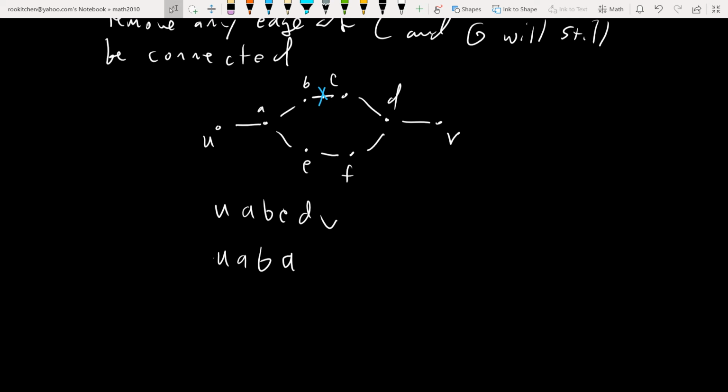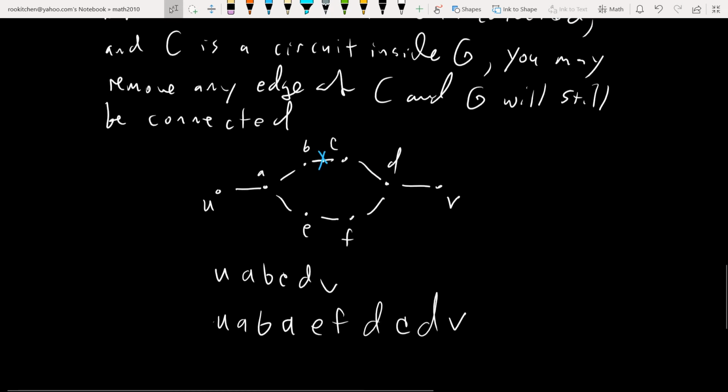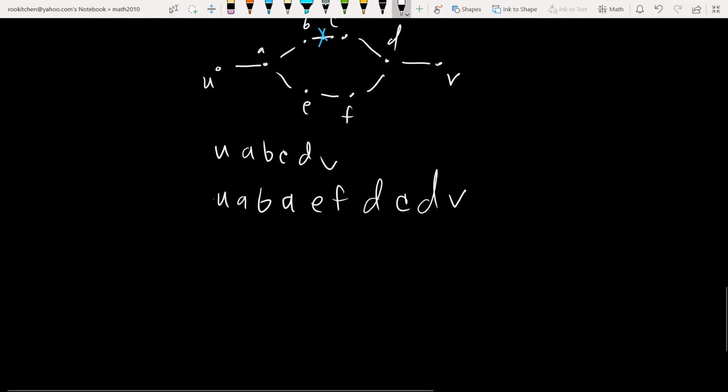So B, A, E, F, D, and then you could still even go back and hit C, and then D, and then V. So it's not a big deal. It's really nasty and tedious to have to prove it, so we're going to skip that one and leave that to you for the reading, rather than forcing me to memorize it and do it here for you.